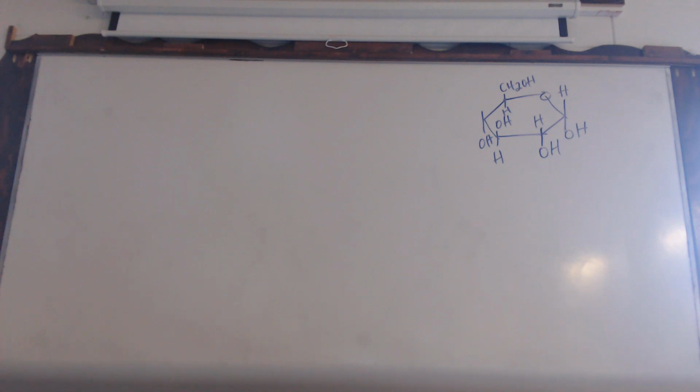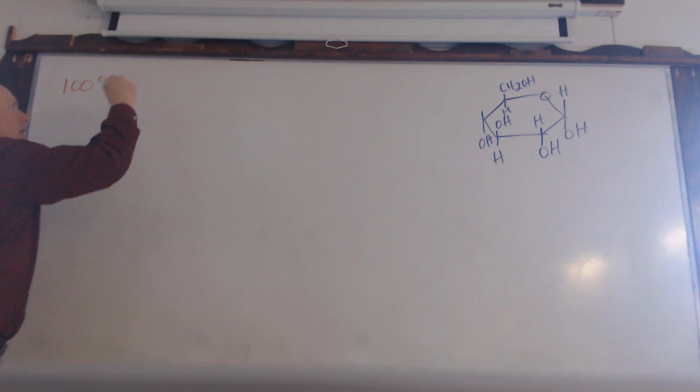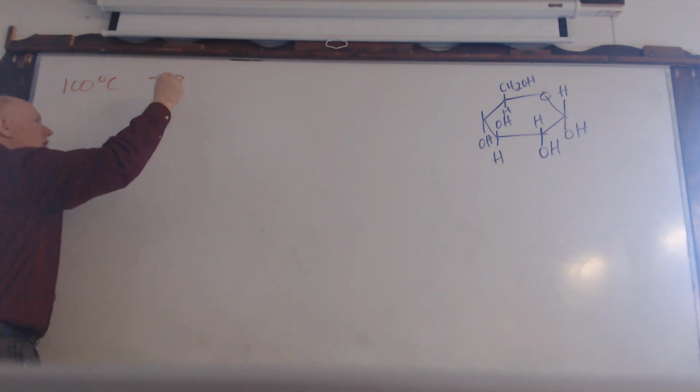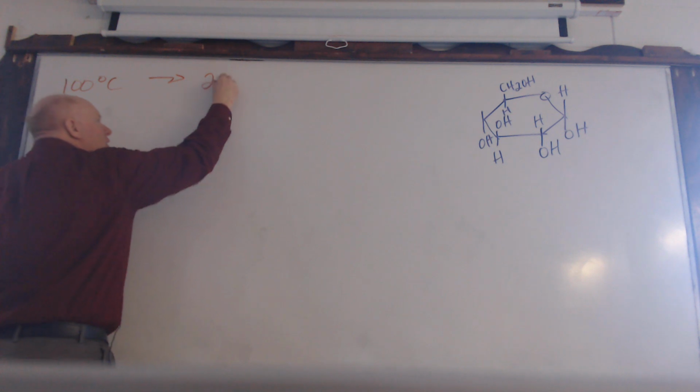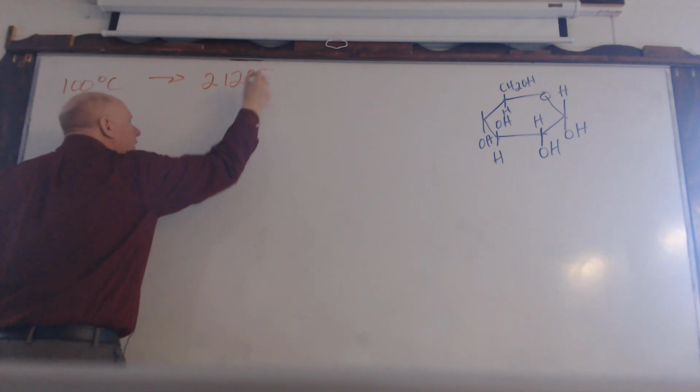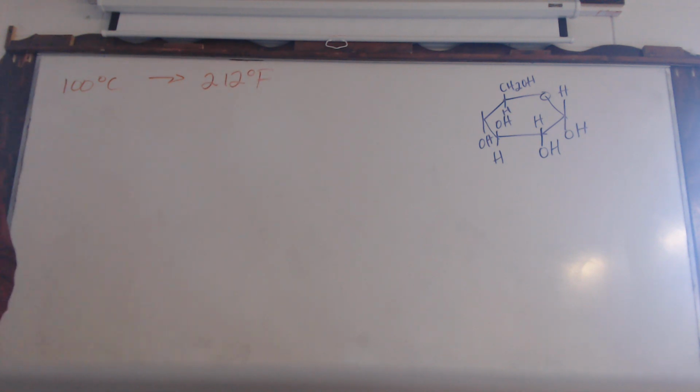Okay, so if we have 100 degrees centigrade, and we needed to change that to degrees Fahrenheit, we already know that it's this. But that doesn't answer how you do every other conversion, for instance.